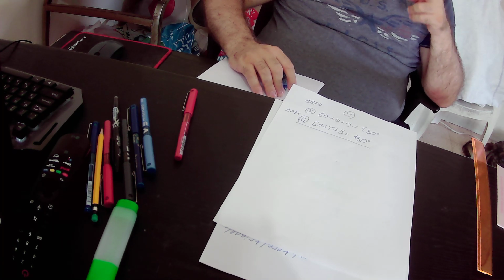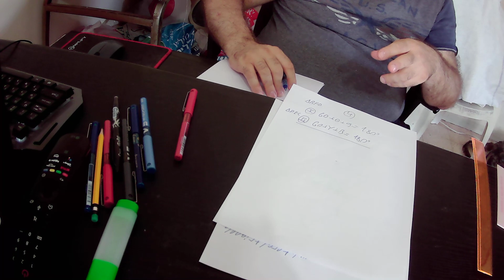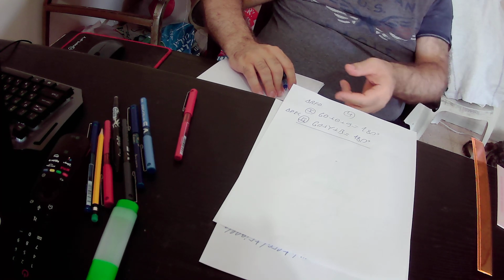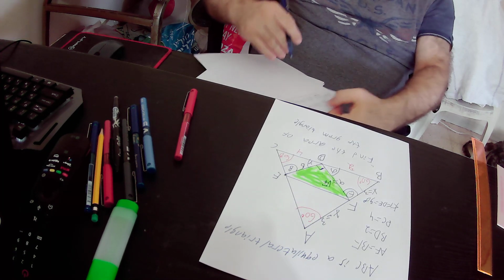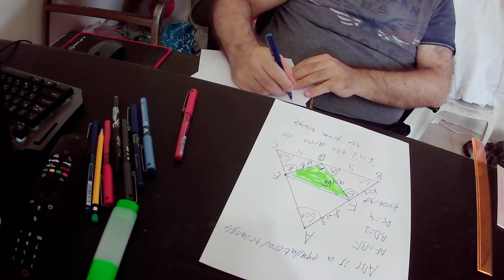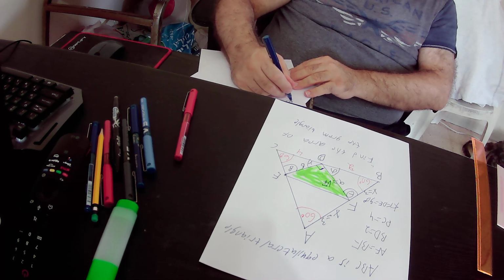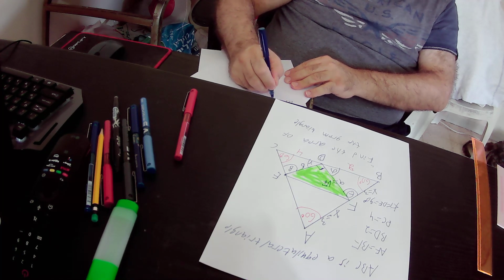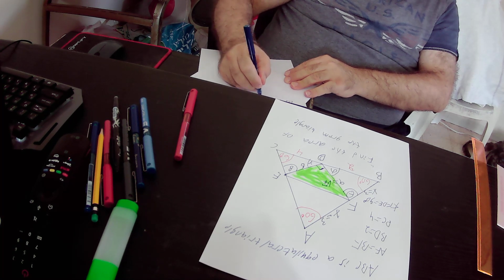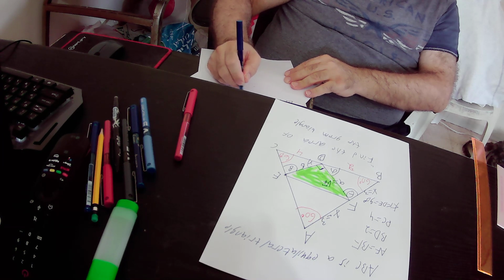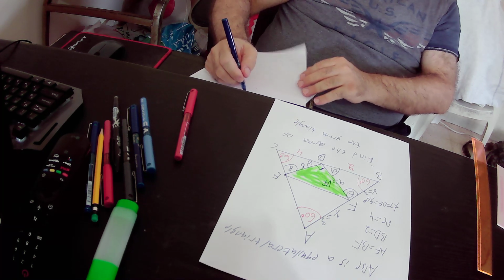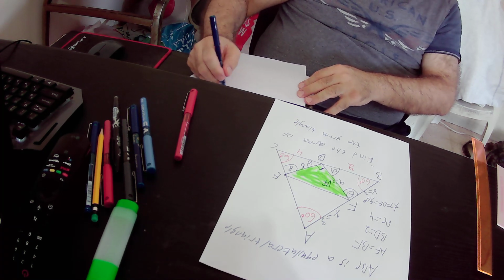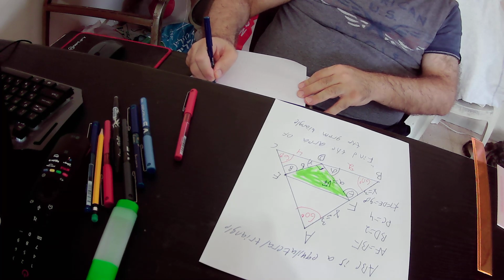Now we will add together equation 1 with equation number 2 and we will create equation number 3. So 60 degrees plus 60 degrees is 120 degrees, plus theta plus alpha plus gamma plus beta. 180 plus 180 is 360 degrees.